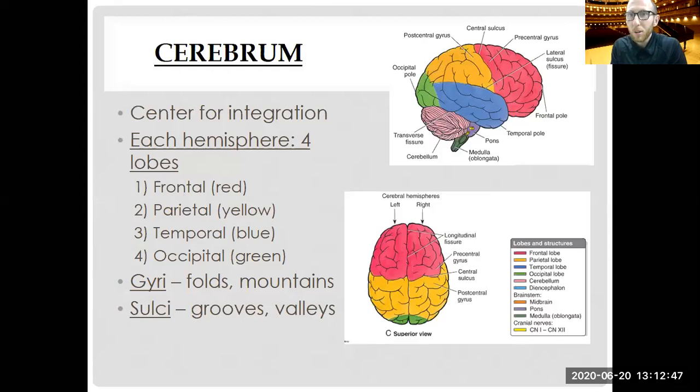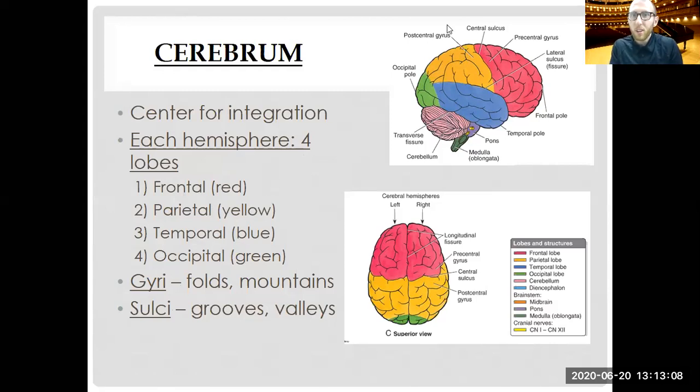Back to the cerebrum. We'll focus heavily on the cerebrum as it has lots of functions within these areas. Labeled again, you can see here, but on this slide I want to focus on the gyri and the sulci. So notice how the brain has these folds and then these indents.